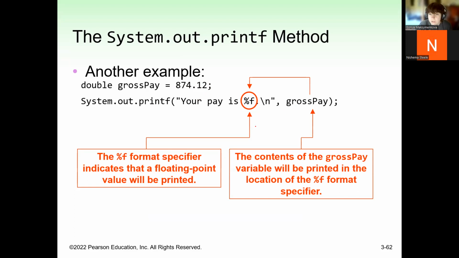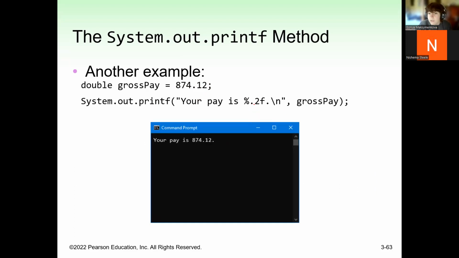All you have to do is specify how many numbers after the dot you want. You can do it by just putting a dot and how many numbers you want. In this case, we want 2. And then you're telling your compiler that it's going to be a float.